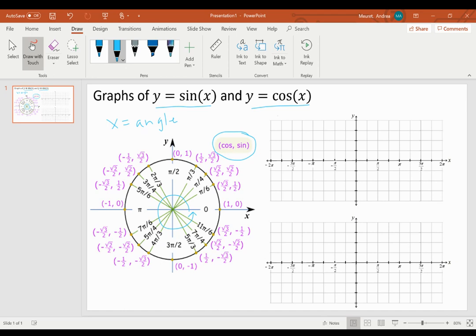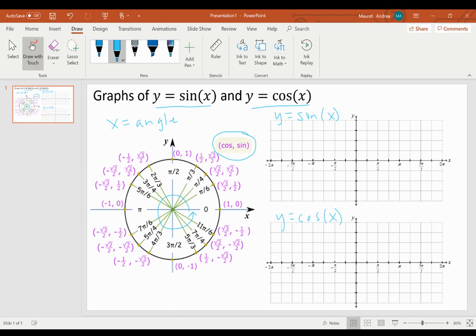So I'm going to do y equals the sine of x in the top graph, and y equals the cosine of x in the bottom graph. And I'm going to graph each function from negative 2 pi up to 2 pi. But I'm just going to do the right side, so from 0 to 2 pi first.